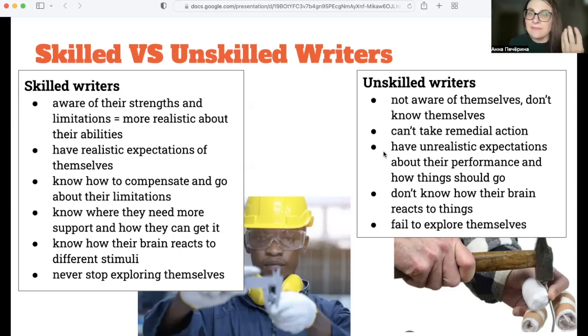Yeah. And as a result, since they don't know much about themselves, they might have very unrealistic expectations about their performance. Since I don't know about my capabilities, about my scope, about my limits, how far I can go, there are no limits, there are no borders.